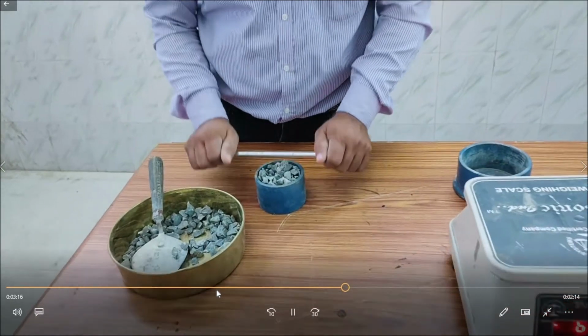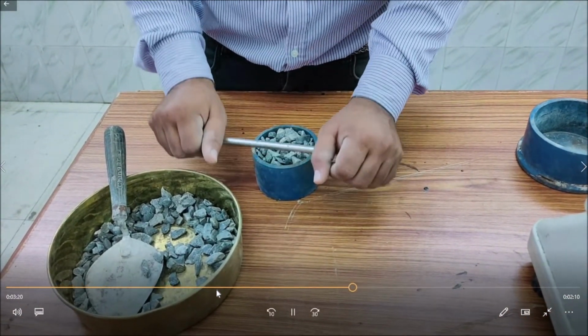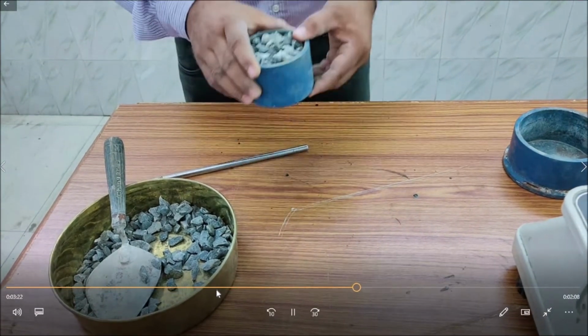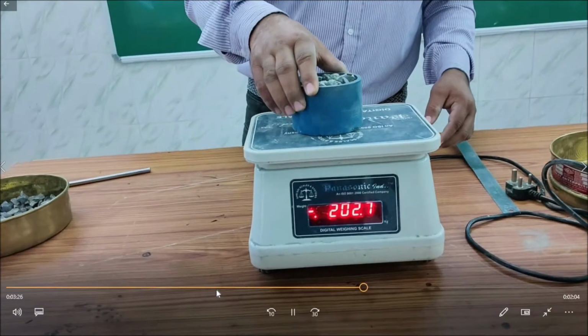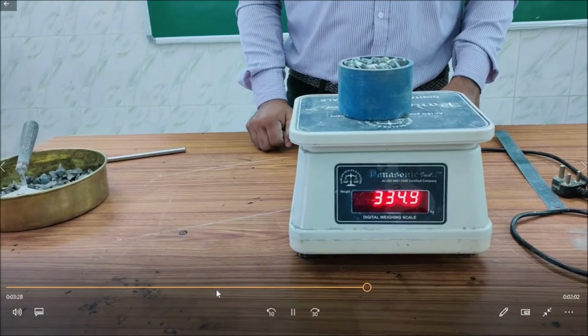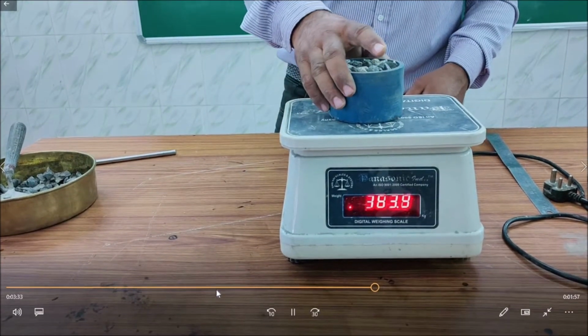The excess of the aggregates were removed with the help of the straight edge of the tamping rod. Then the entire setup was weighed, and this weight is noted down as W1.